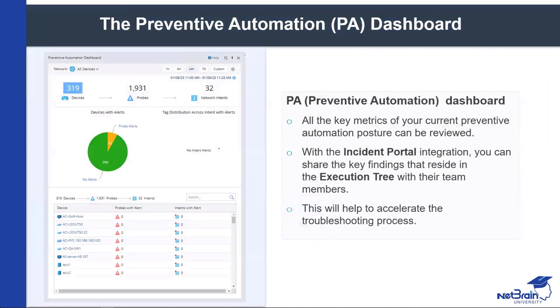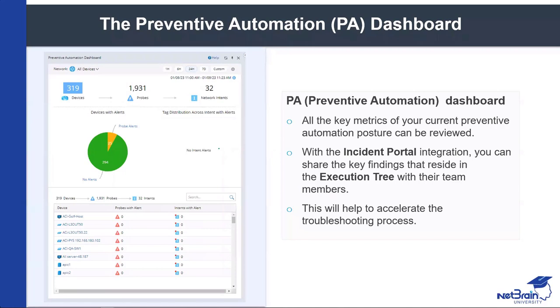Now, preventive automation, we mentioned this as part of our overall view of NetBrain. So remember these little network intents, checking specific aspects of configuration or checking for specific errors on specific devices.